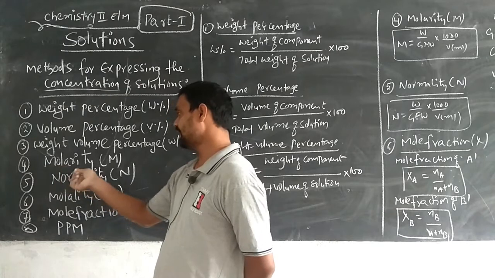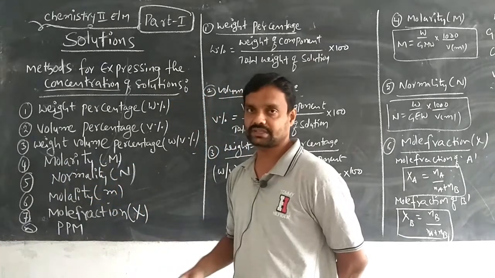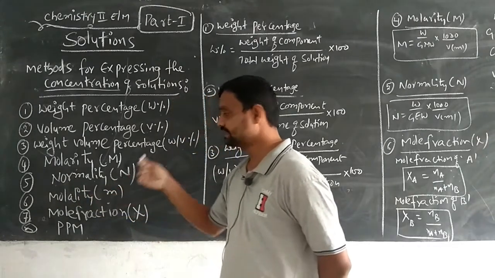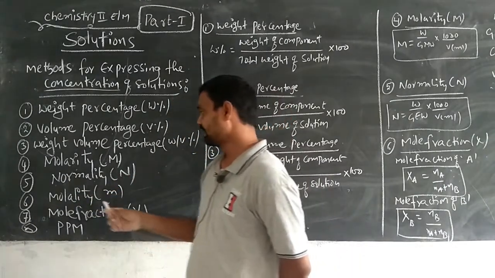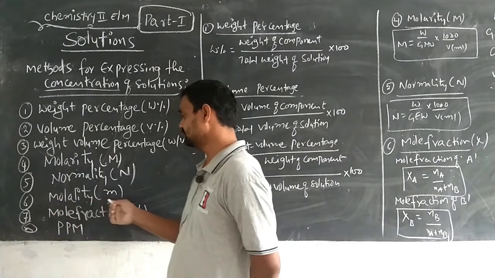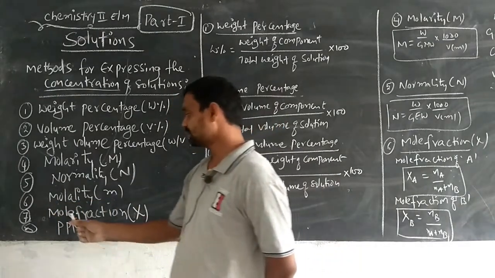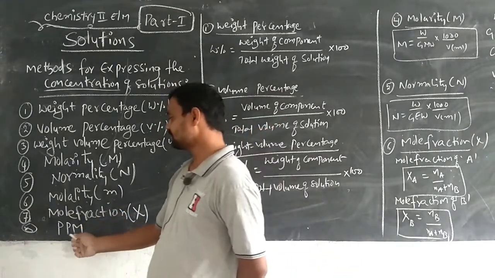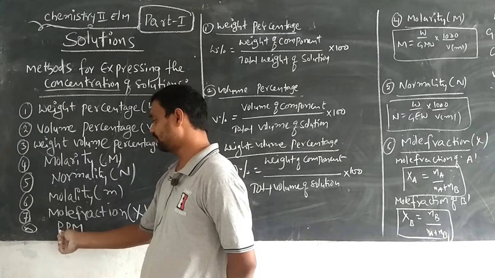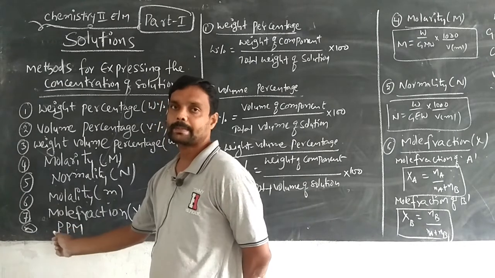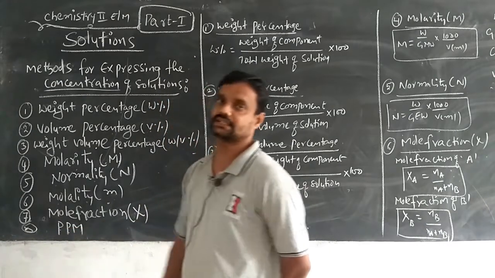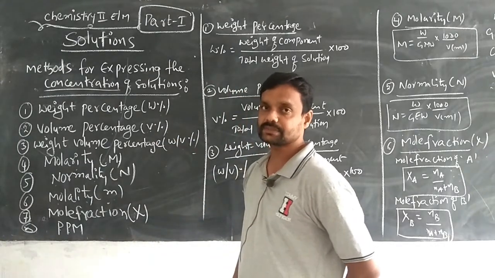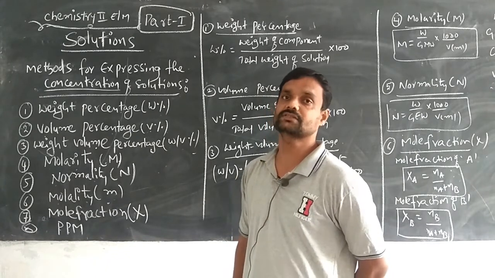Fourth is the molarity, indicated with capital M. Fifth is the normality, indicated with capital N. Another is the molality, small m. Another is the mole fraction, x. And the last one is ppm, parts per million. These are the different methods to express the concentration of a solution.